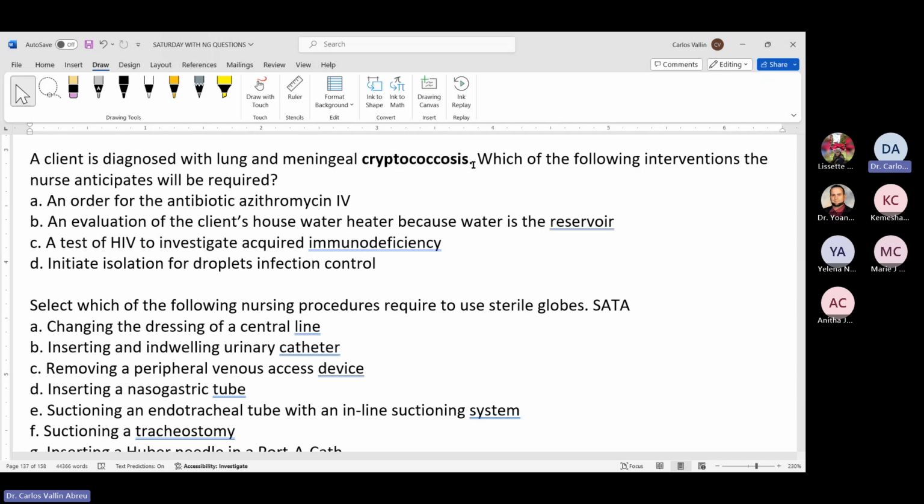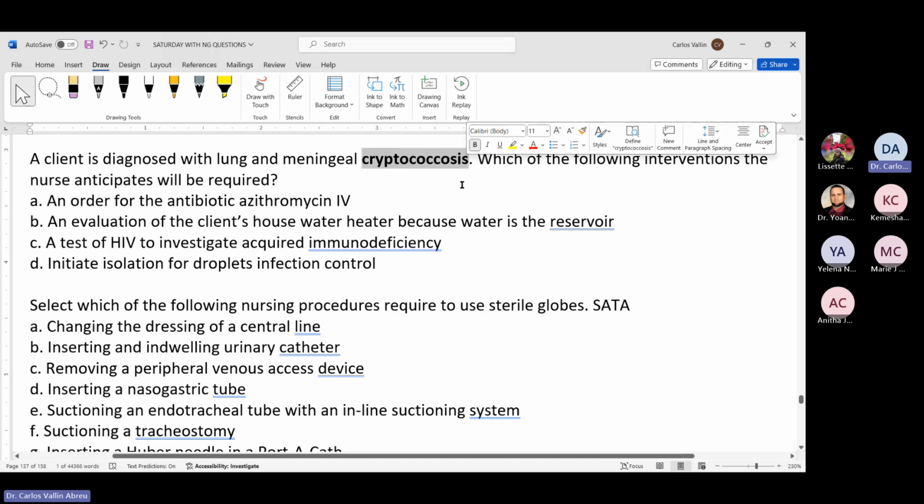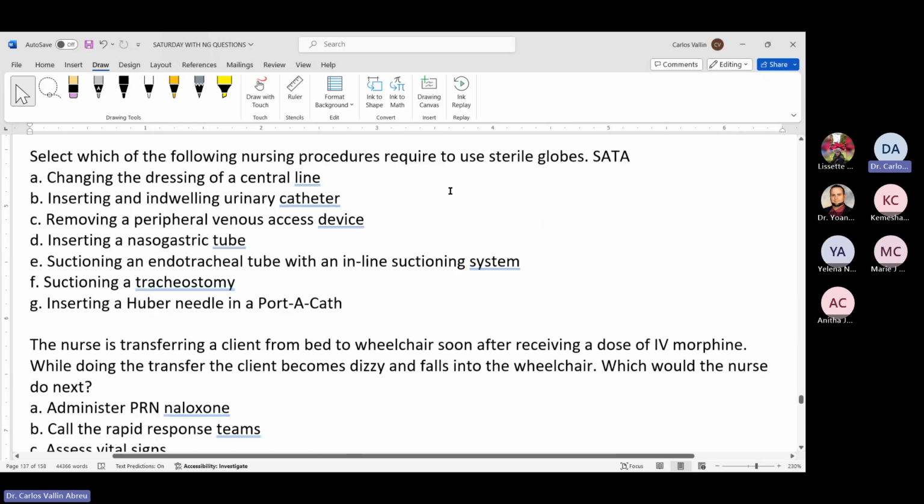So the answer is investigate immune deficiency. It's not going to harm you, if you see an infectious disease, to know this is one of the opportunistic infections that can affect immune suppressed people.